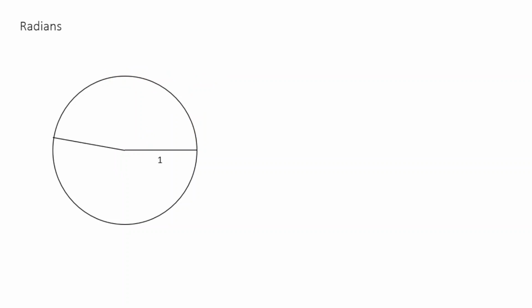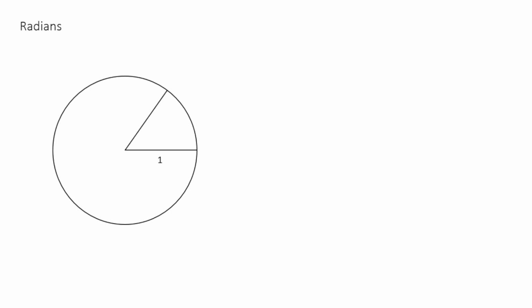Let's say we go through this angle here. We don't know what that angle is, but let's say the arc length is equal to 3.05, just choosing a number at random. Well, if that arc length is 3.05, then the angle in radians is 3.05.